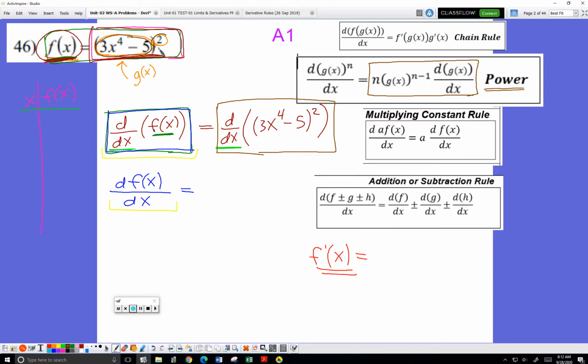Here's my n. Now I just apply the rule. So n in this case is 2, so I write down a 2. That's right here, writing down the n. Now I'm going to write g of x. Here's my g of x, 3x to the 4th minus 5, so parenthesis. Now I need to go power of n minus 1. So it would be 2 subtract 1.